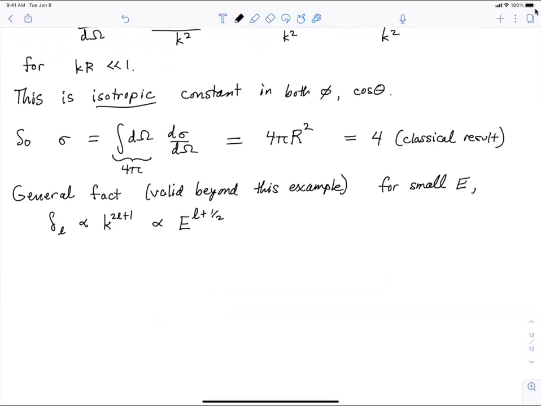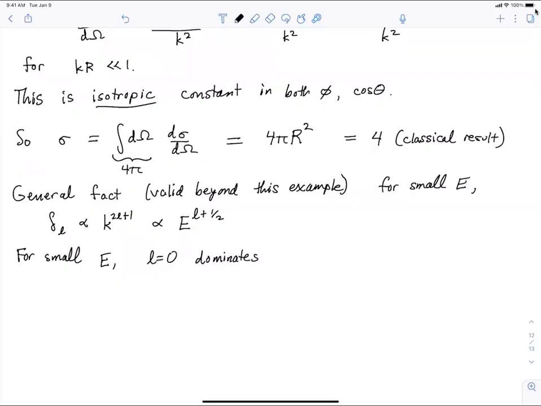And so it's generally true for small E, the L equals 0 partial wave dominates unless there's some good reason why it won't. And so in some cases, you can find out that the L equals 0 partial wave just vanishes completely. There is no scattering whatsoever. So that would be a non-generic feature of a particular problem.